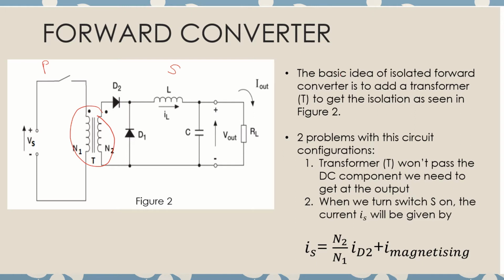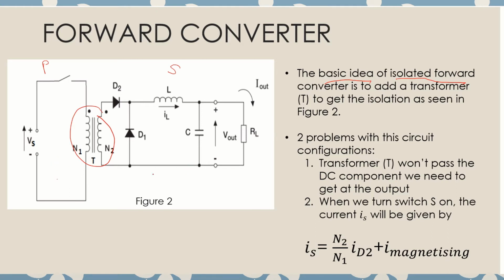So this is the basic schematic of the isolated forward converter, to add the transformer for isolation. The reason for isolation is because at high power, we want to isolate the primary and secondary.